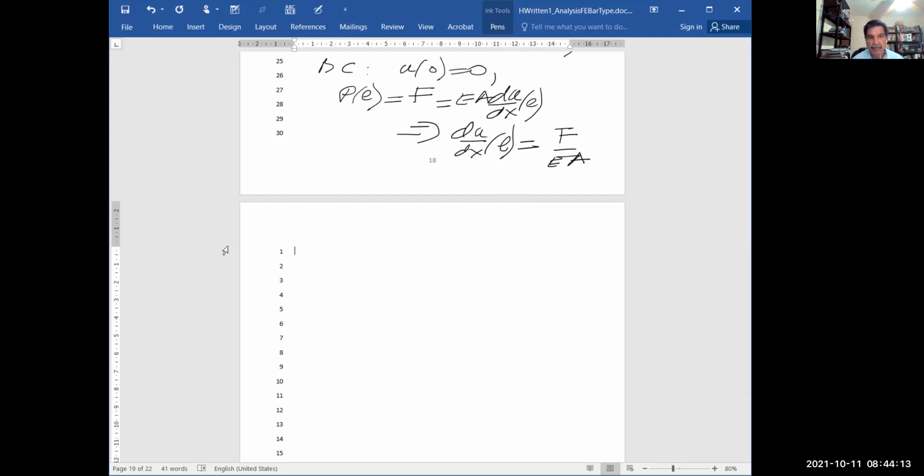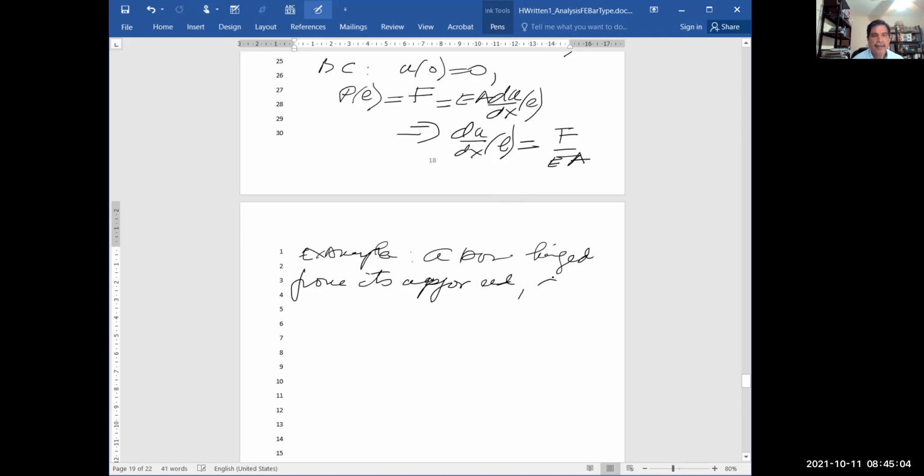Now let's do a second example, which is more complex. Let's take now a bar hinged from its upper end, with its weight included.